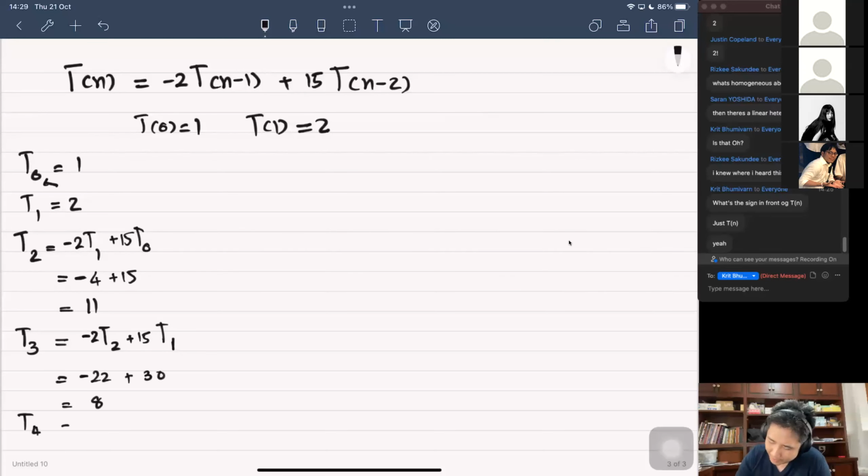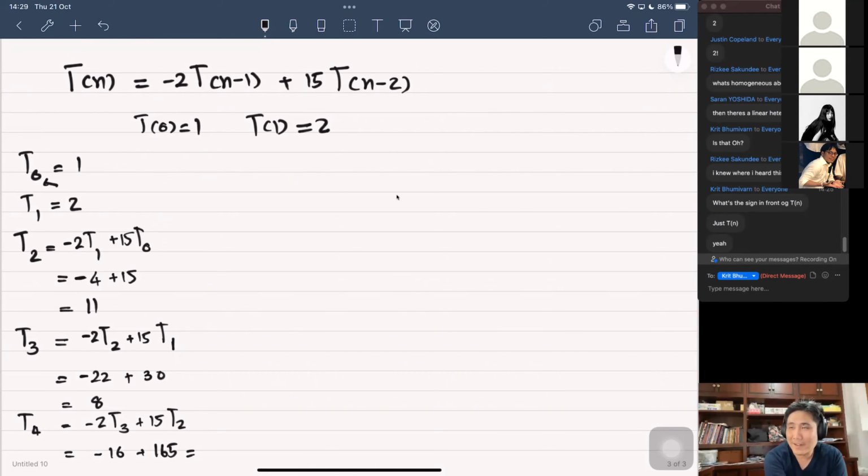T4 is -2 T3 plus 15 T2, which is -16 plus 15 times 11. That's a big number. I can't do it in my head. Maybe I can. It's 165, which is, I don't know.